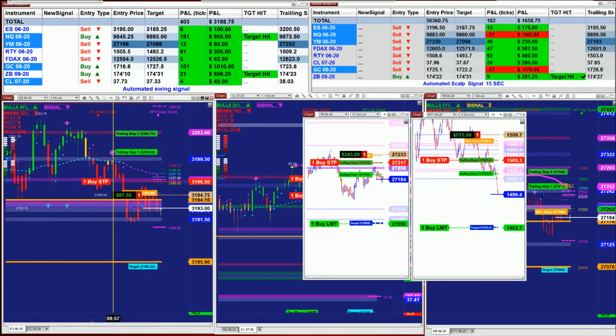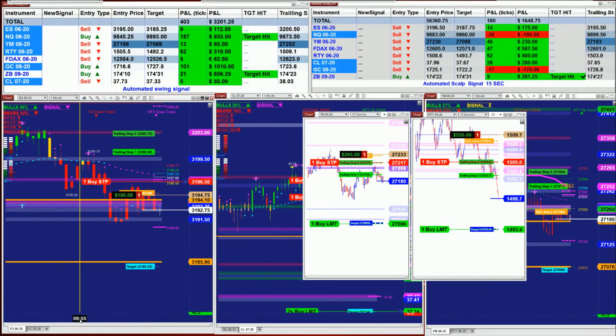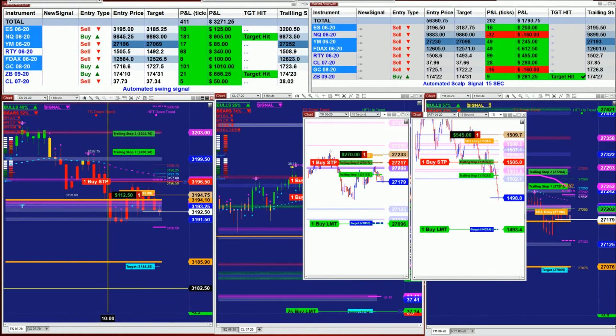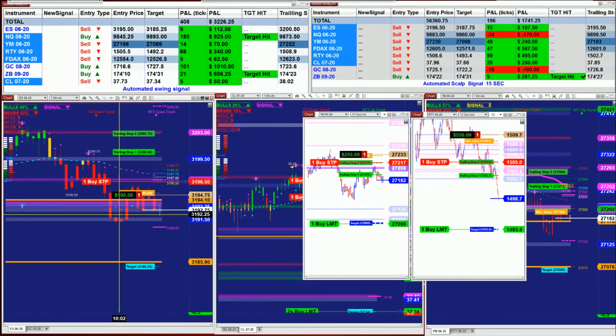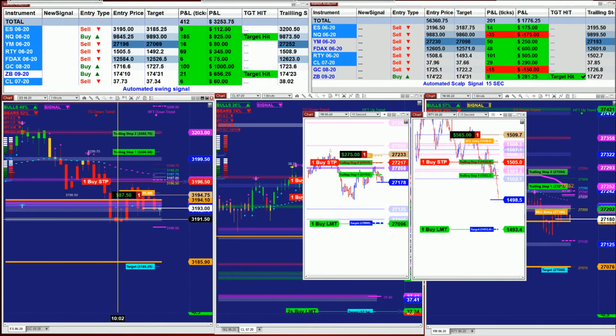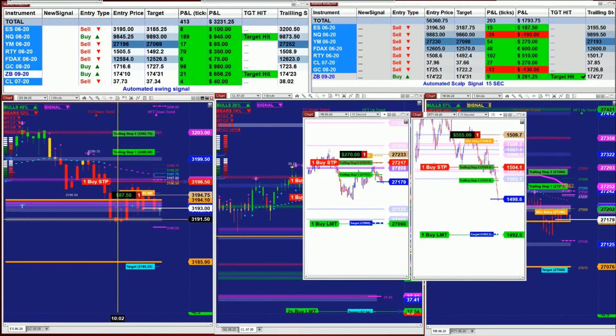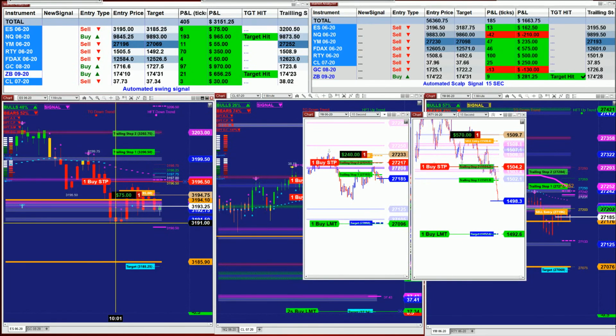whether you are auto trading or manual trading, whatever type of trading, it is not going to change the fact that the ES has a problem at 3191.50. Whether you are using an ATR auto trade or a MACD auto trade or any type of auto trade, the same problem still exists.